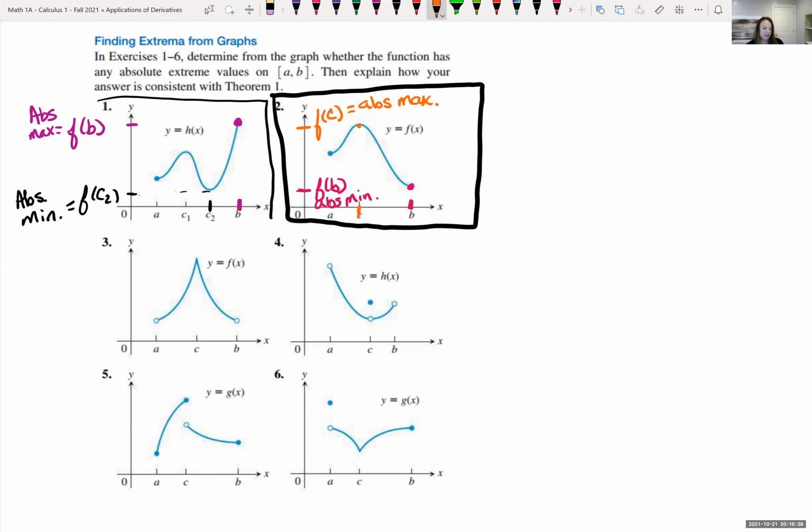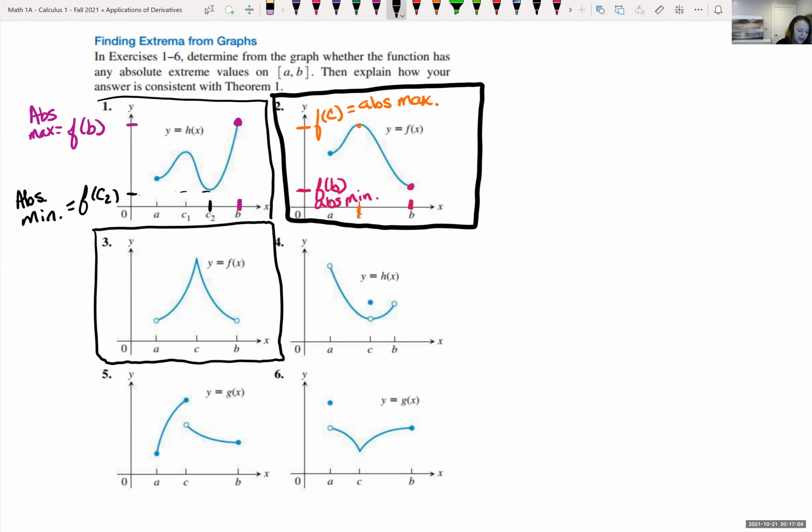But if we jump down to problem 3, notice that this isn't a closed interval. Our domain is all values from a to b, but not including a and b, and we can see that because of those open circles. So there's no smallest y value that we're getting back because of that.